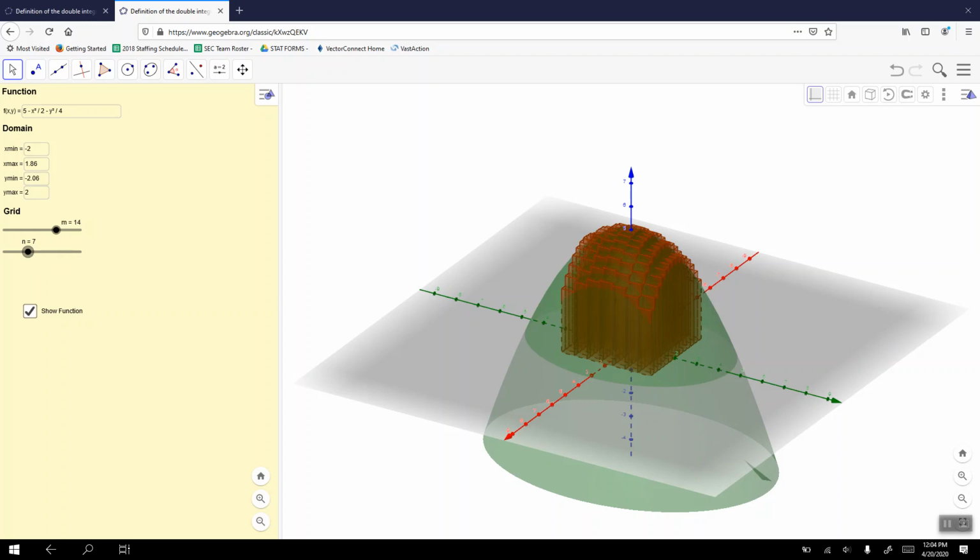Very similar to that definition that we got back in Calc 1, that we can talk about some area of some function made underneath the function and the x-axis. Well, we're doing the same thing here, except now it's in R space 3. So let's go back and finalize this.